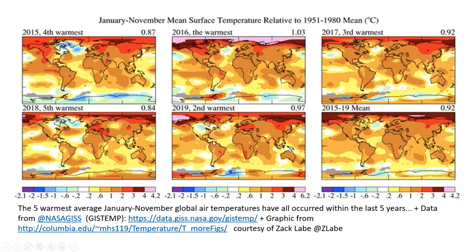But as you can see, it's pretty much the entire planet that is warmer than usual. And this is January through December. Now, of course, down here, this is their summer. When the Northern Hemisphere is having a winter, January, November, it's summertime in the Southern Hemisphere.